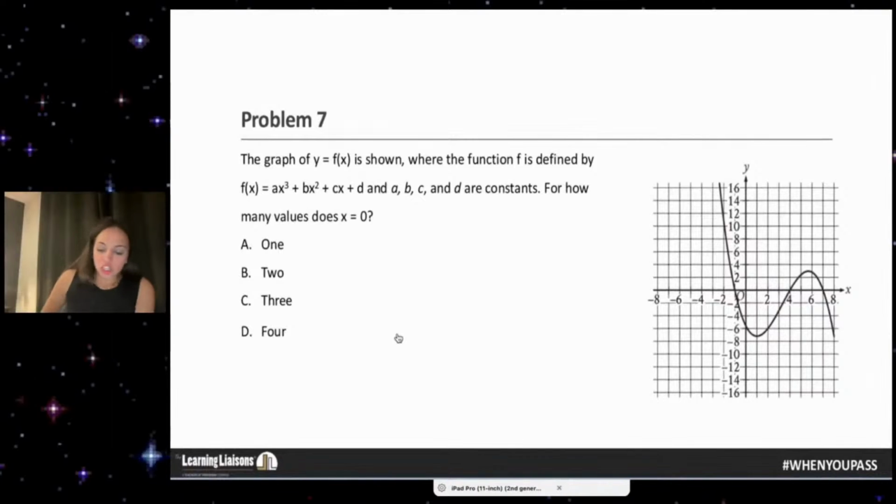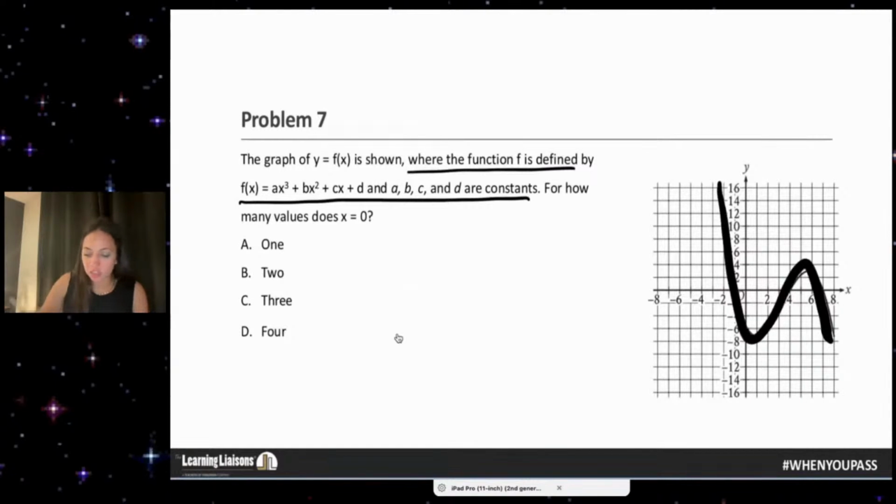All right, so this is a whole lot of words for not really that difficult of a problem. They say y equals f of x is shown, and then a lot of words. None of that really matters because they gave us the graph.